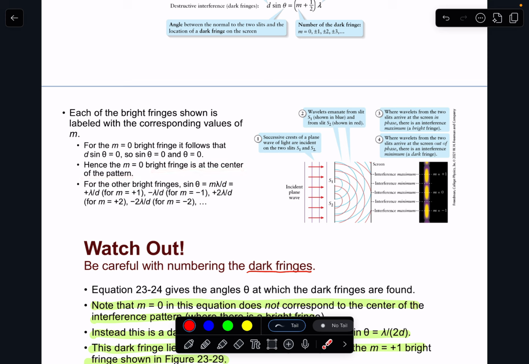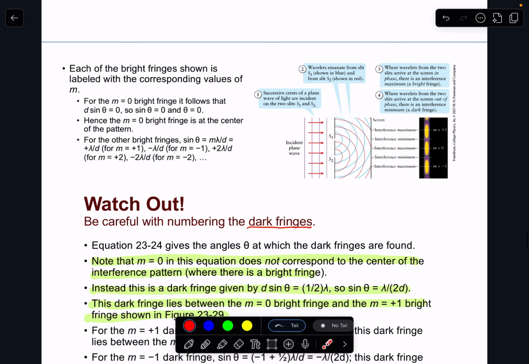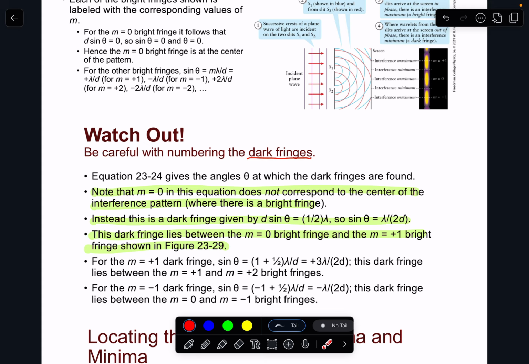So for other bright fringes, for example, +1 or -1, well, that's going to give us the next set, okay? And that theta will tell us this angle right here, the theta that makes that true. Okay, so we talked about the bright fringes. What about the dark fringes?